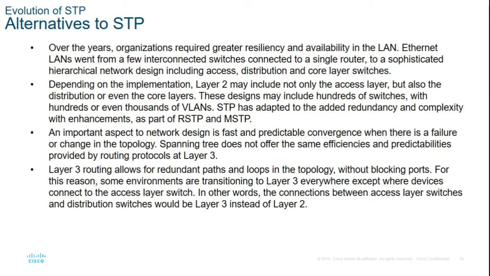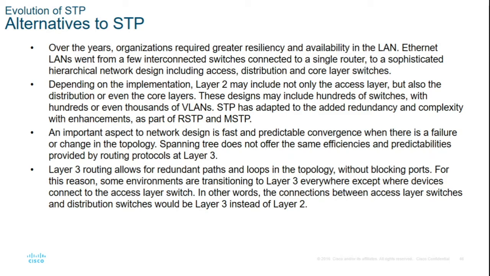Layer 3 routing allows redundant paths and loops in the topology. If you remember from our previous discussion about TTL or time to live for IPv4 and the hop limit field in IPv6, that is decremented by the router. When these fields reach 0, the router will drop the packet.